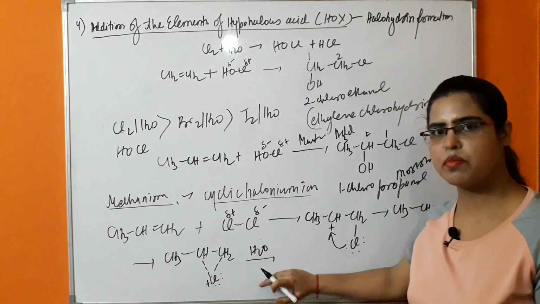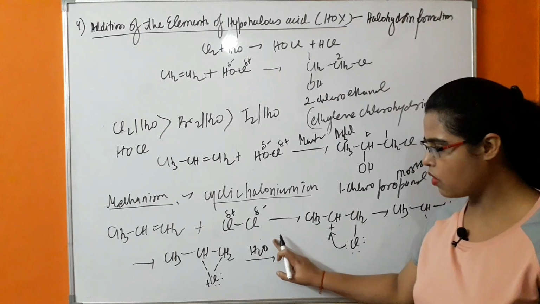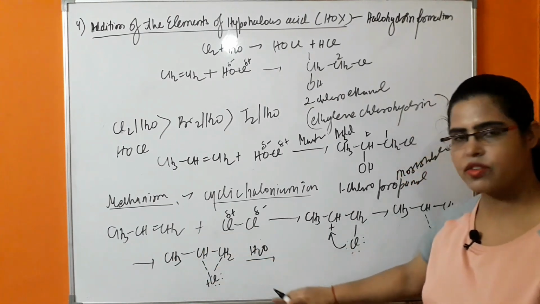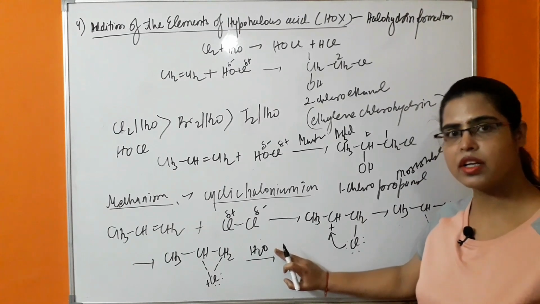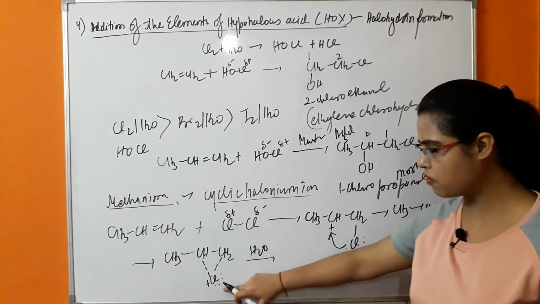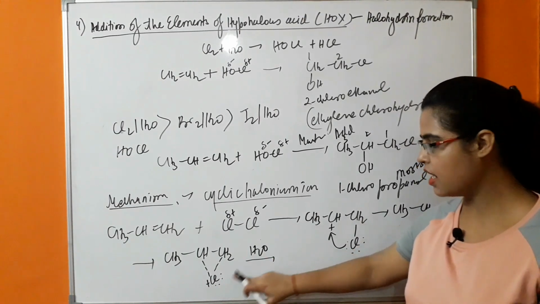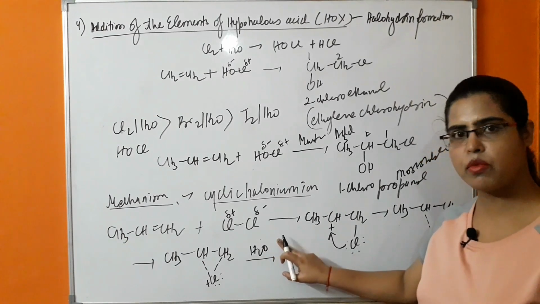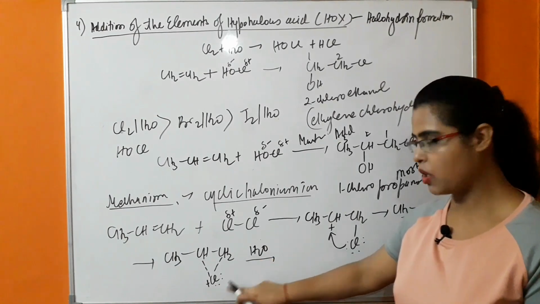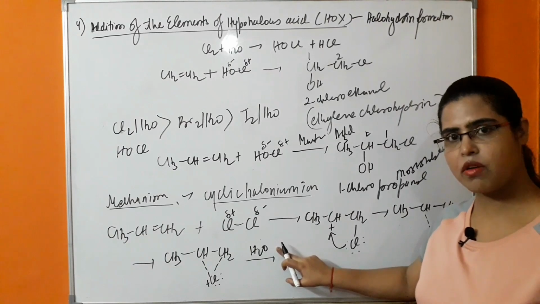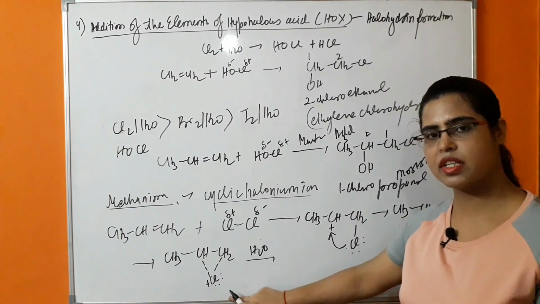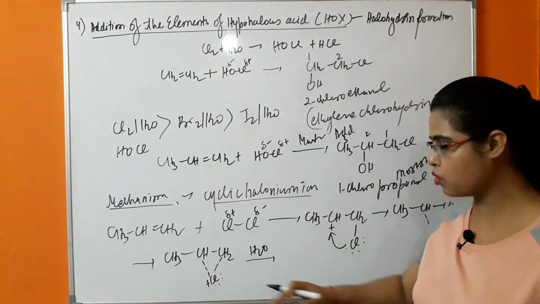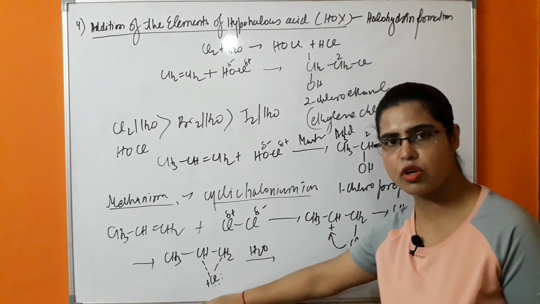Okay. In the next step of this reaction, the water molecule will attack this cyclic transition state, but the attack of the water molecule will not occur from the front side, because on the front side there is chlorine, and there will be repulsion between the water molecule and chlorine, because the oxygen has lone pairs of electrons, and the chlorine also has lone pairs of electrons, due to which the front side attack is not possible.